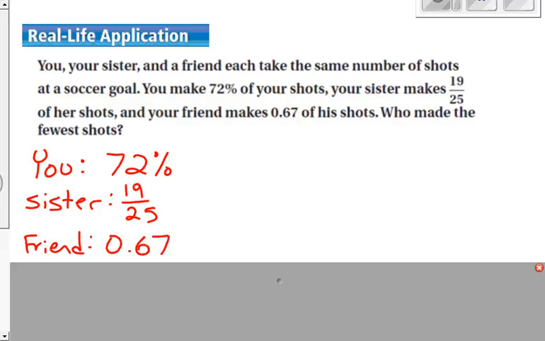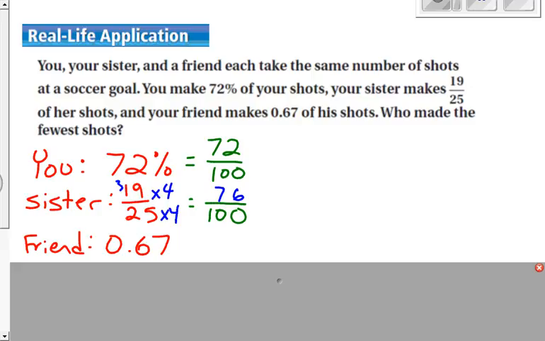So the easiest thing for us to do in order to solve this problem is to change everything to a fraction. So we know that 72% is 72 over 100. We know that 25 goes into 100 4 times. So then we multiply the top by 4. 19 times 4, 4 times 9 is 36, plus my 3, 4 times 1 plus 3 is 76.